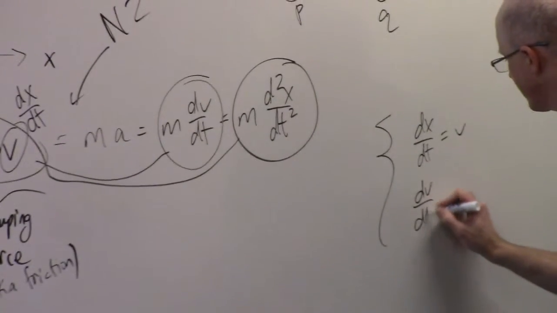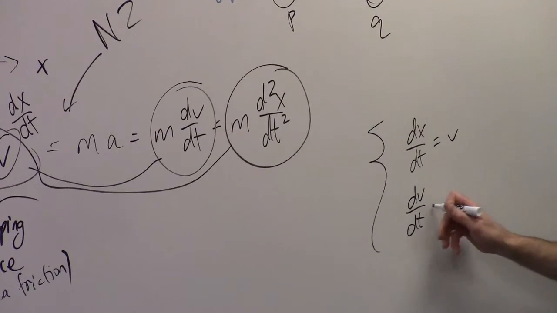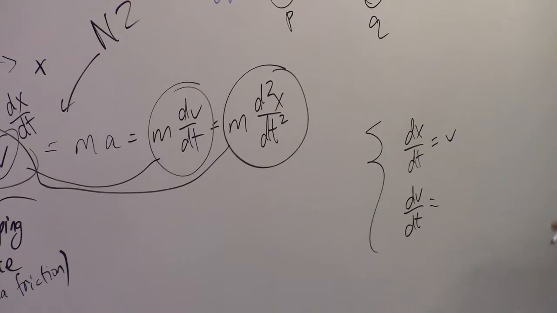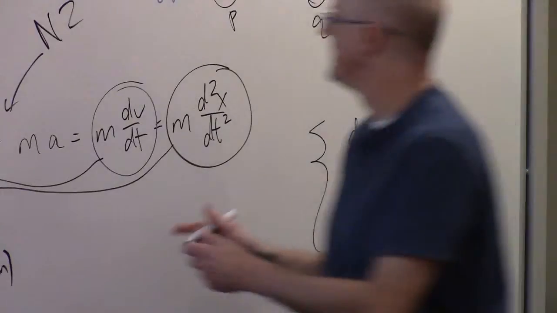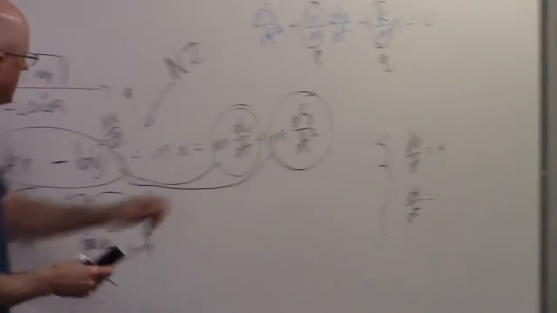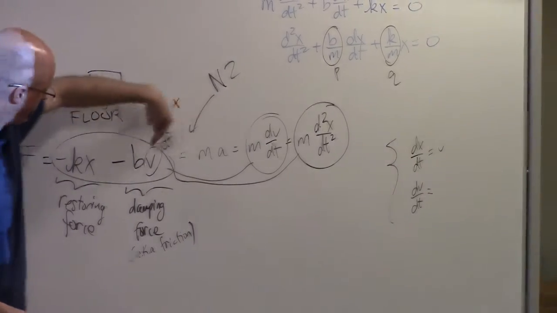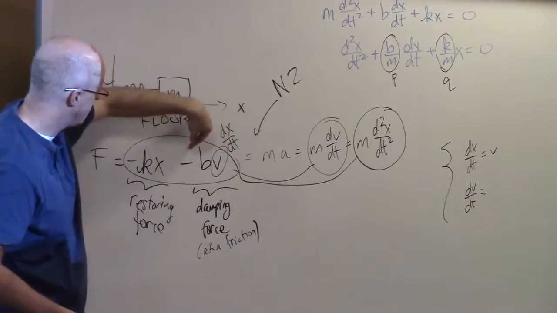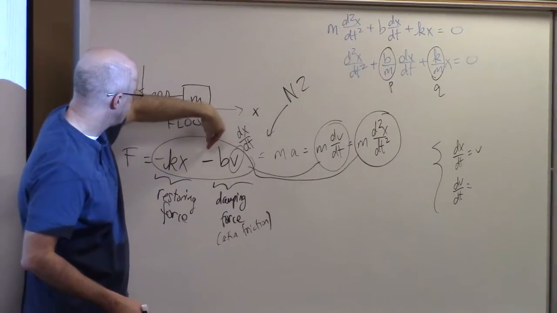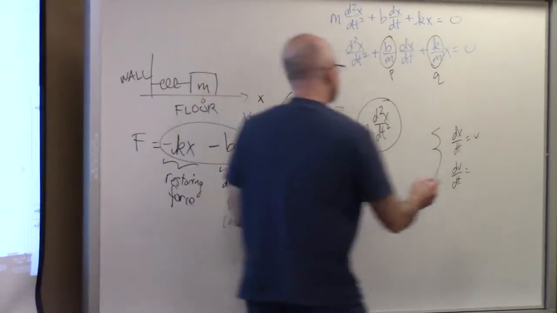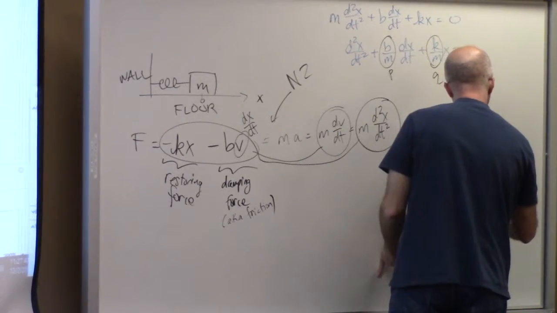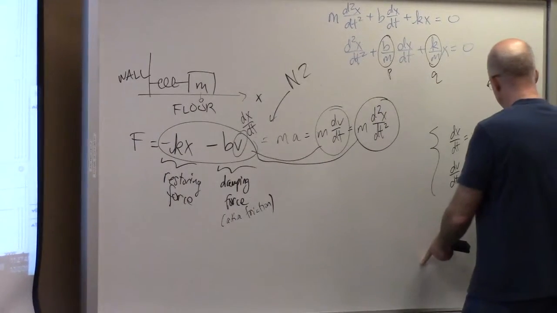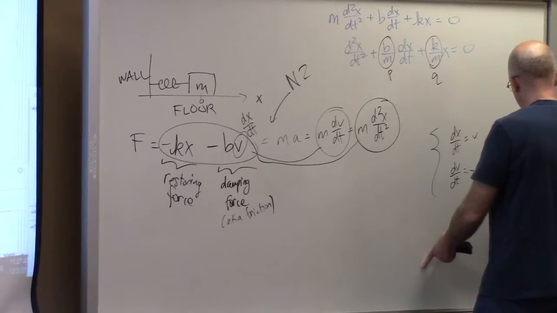The second equation in my system is for the derivative of the velocity, which is the acceleration, but I want to get that in terms of x and v. Use the fact that this equals this and divide everything by m. So I will get negative k over m times x minus b over m times v.